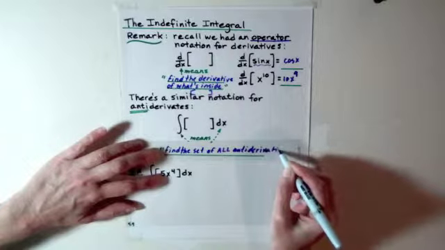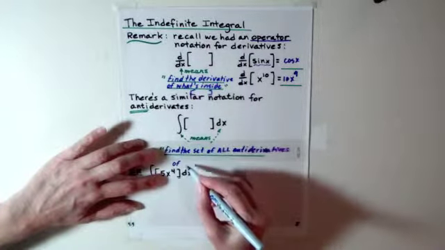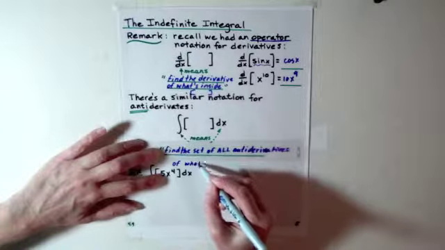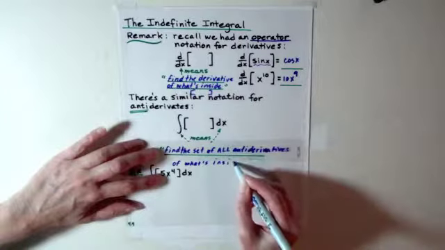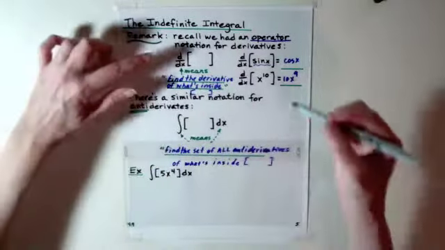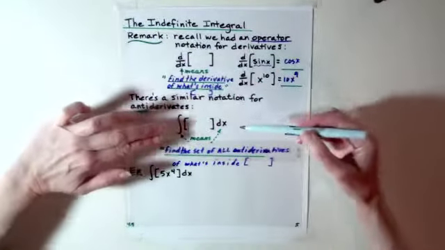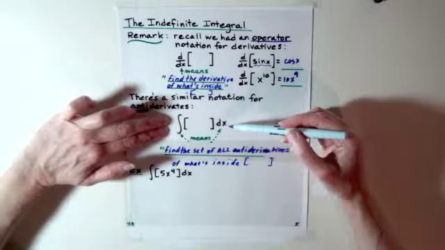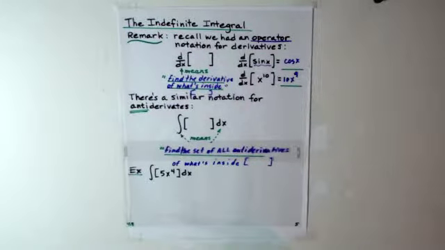Just like this means find the derivative of whatever's inside the square brackets, this two-piece symbol means find the set of all antiderivatives of whatever's inside the square brackets.